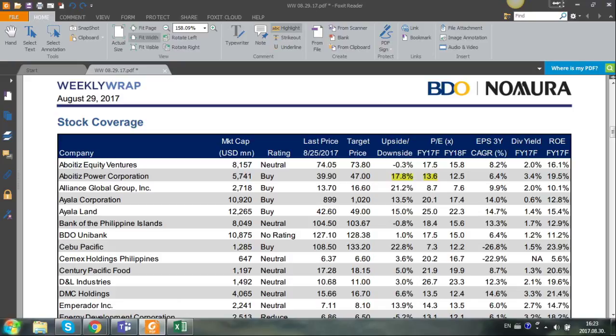Wala siyang target price. It has fair value and buy below price. Target price is almost similar with the fair value, but in practical they are not necessarily the same.